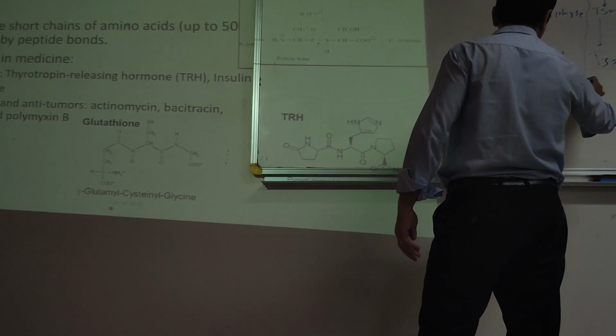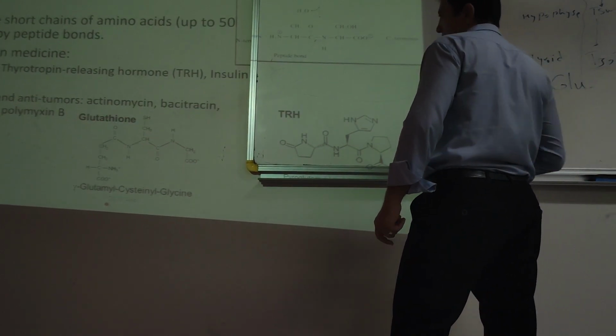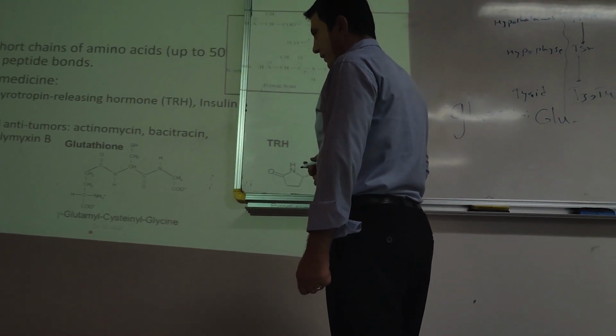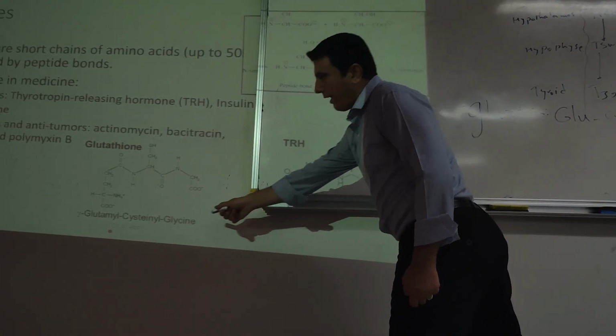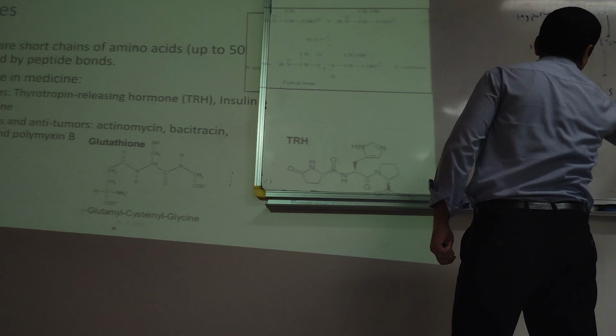The first one is glutamate or glutamic acid. The next is cysteine, and the last is glycine.